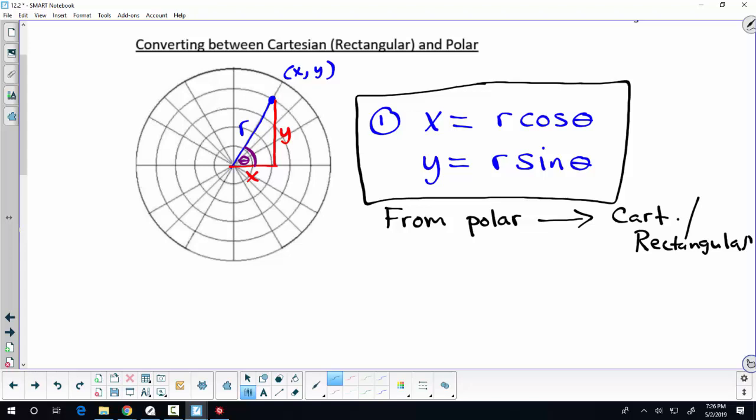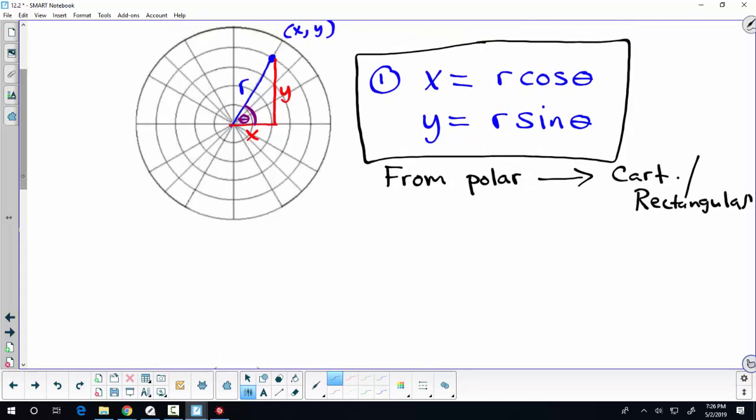You should remember that just from a trig class, right? And actually, all the conversions you probably do see in a trig class. I don't know, it's been a while. Okay. The other relationship we have, based on the Pythagorean theorem, is that x squared plus y squared equals r squared. And for theta, let's look at it this way.